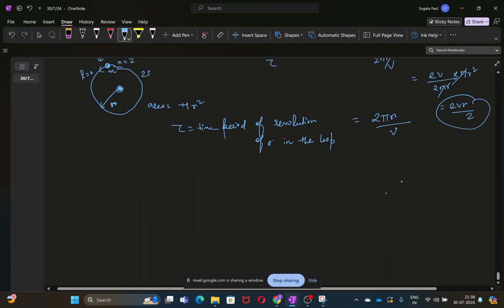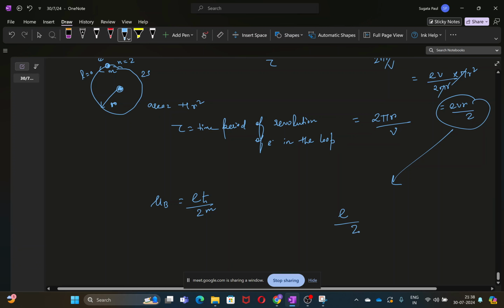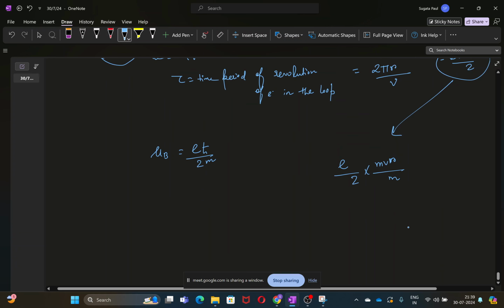But you have to further simplify it, because you have to put it in units of mu B. Mu B is the Bohr magneton, which is basically eħ by twice m. Now if it is e v r by 2, let us try to put it in that form. First of all, let us say this is e by 2 into mvr, because you have to multiply an m in the denominator, so you have to also multiply an m in the numerator, so that both of them cancel out each other.